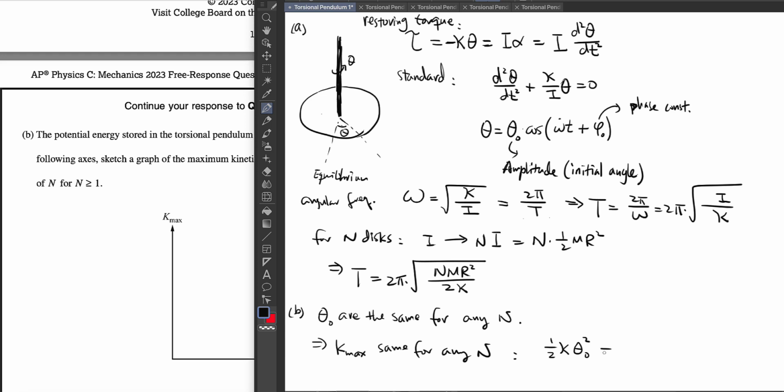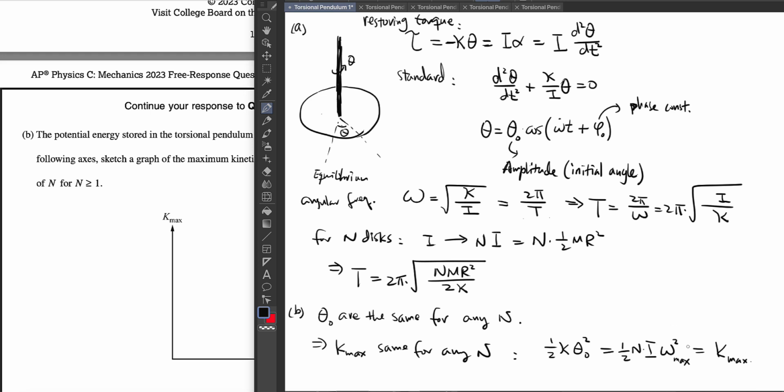That is the same for all the disks together. So that would be 1/2 n I omega max squared, and that is called Kmax for n disks.